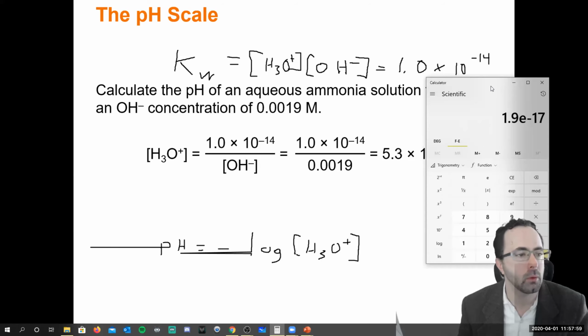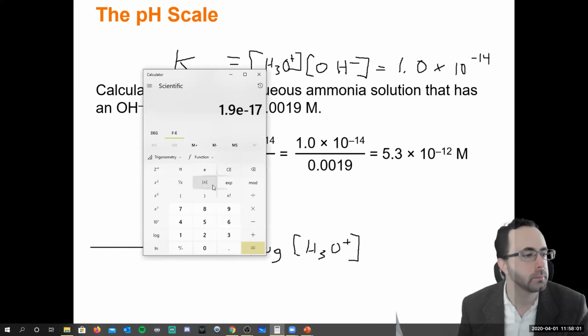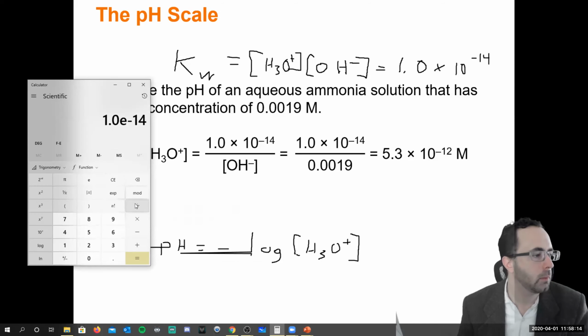Oops, something went wrong, I feel like. 1.0 EE minus 14 divide by 0.0019. There we go. And so our calculator shows us 5.263 times 10 to the minus 12.